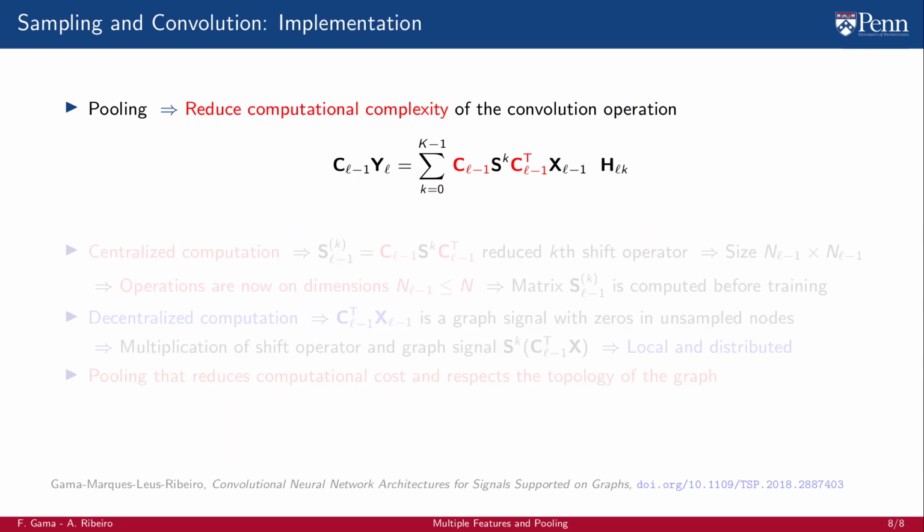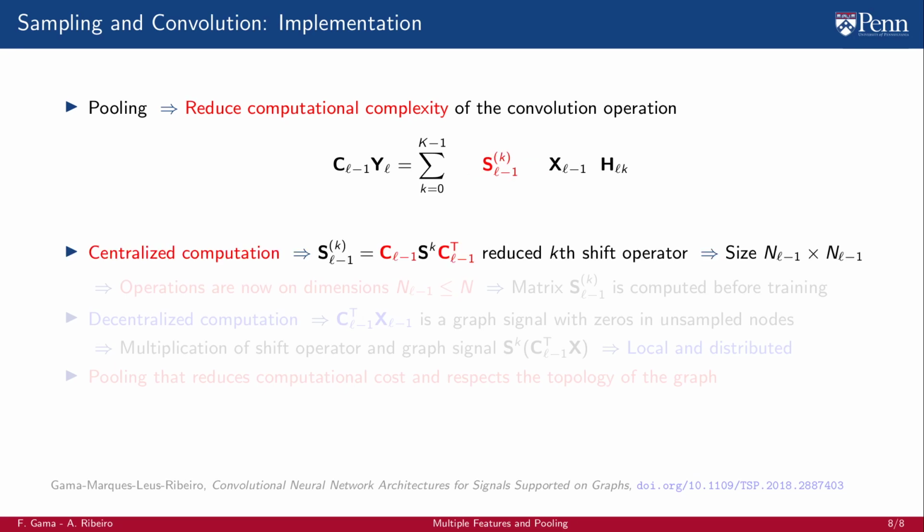I know. Have we actually reduced the computational operation? I mean, the whole point of pooling was to reduce the computational complexity of the convolution operation. Well, if we're going to compute this operation centrally at a single computer, we just need to reduce the dimensions of the matrix multiplications involved.